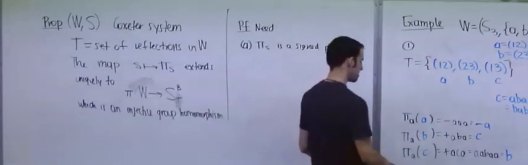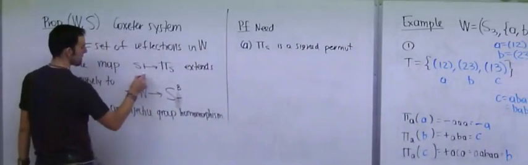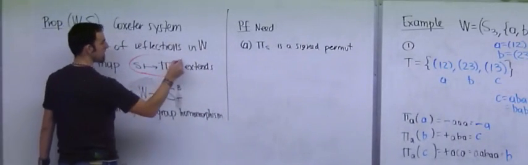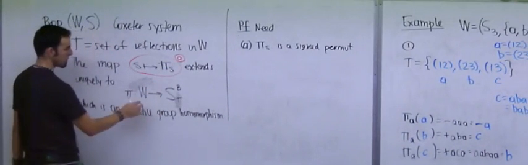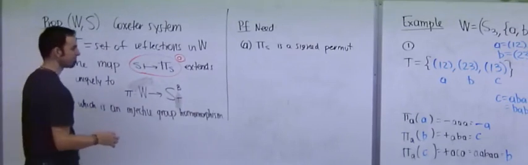When I prove that, I will have proven that at least this map really goes from the generators to S_T^B. So that'll be my first step.